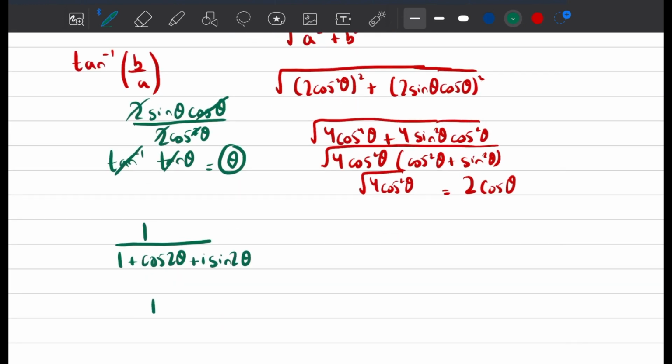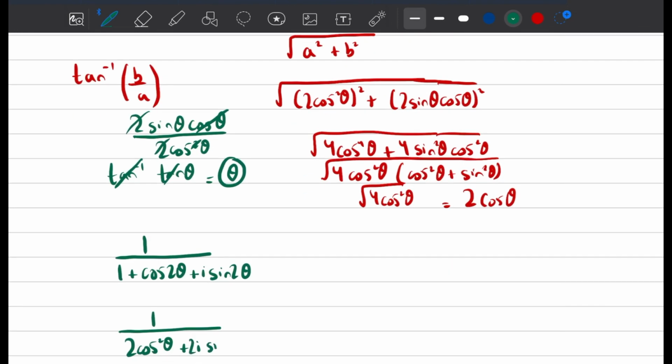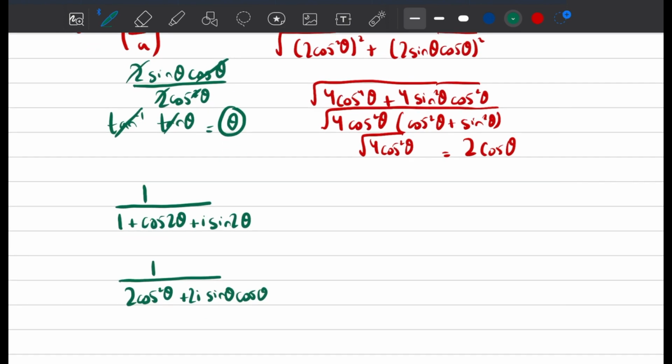It was 2 cos square theta plus 2i sin theta cos theta. Yes. So first of all, take 2 cos theta common. So it's going to become what? Cos theta plus i sin theta. Do you get this? Any problem till here?